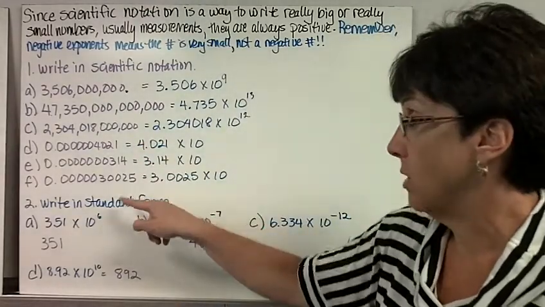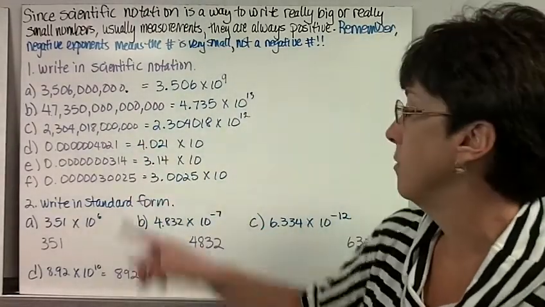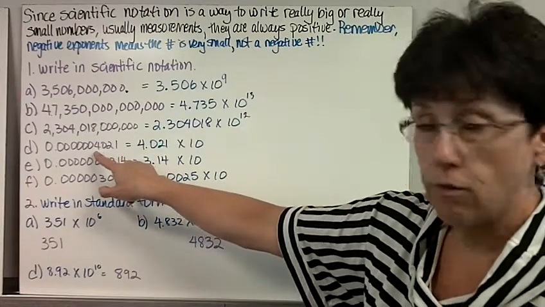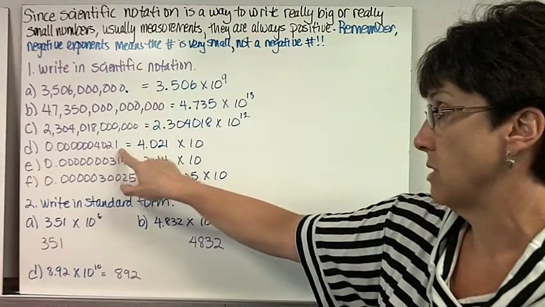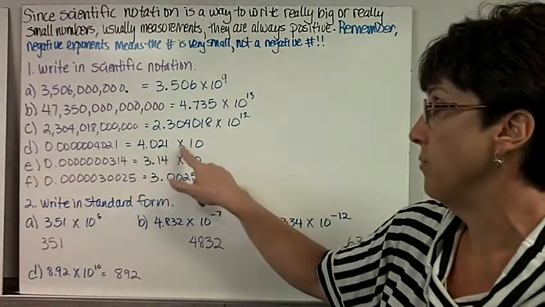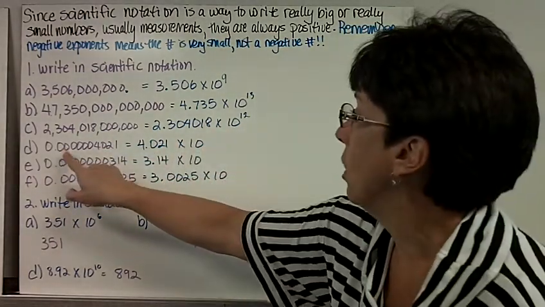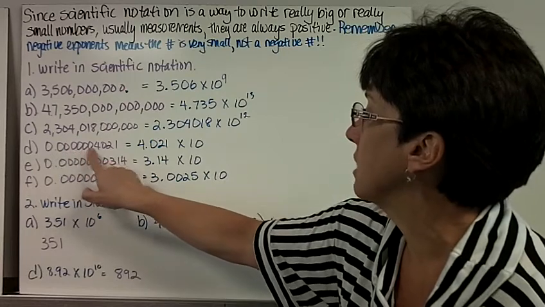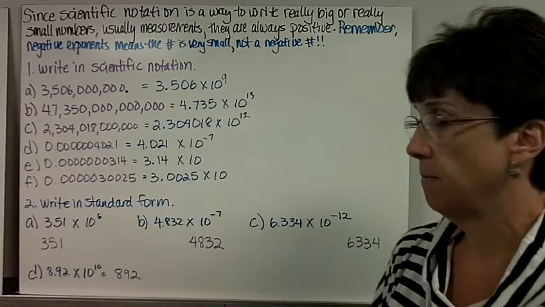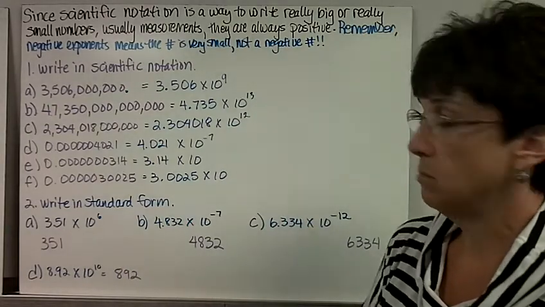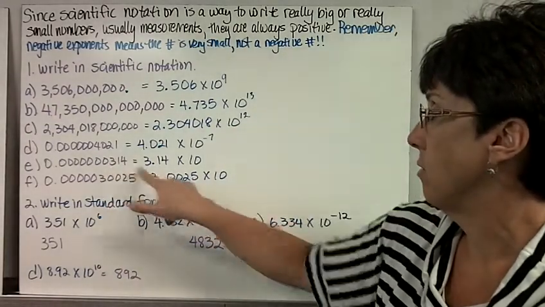Now we're doing small numbers, so our exponents will be negative. So we just find our first digit after the zeros, and that's where our decimal point goes, then our rest of the digits. So 4.021 times 10, 1, 2, 3, 4, 5, 6, 7, times 10 to the negative 7, because it was a decimal. 3.14.